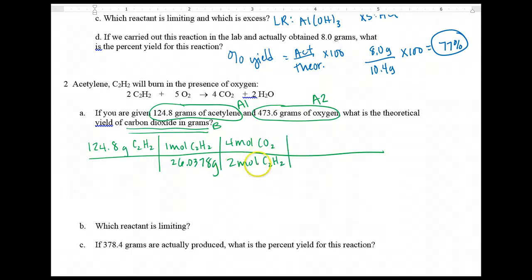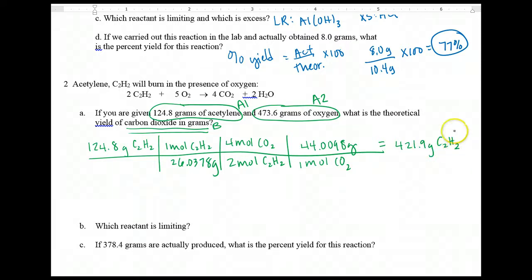Our last step, since they ask for the yield in grams, is to convert moles to grams. And for every 1 mole of carbon dioxide, it has a molar mass of 44.0098 grams. Calculating, this should give us an answer of 421.9 grams of C2H2 acetylene.